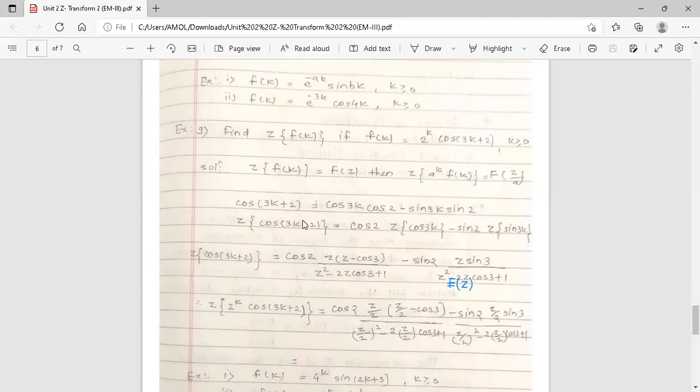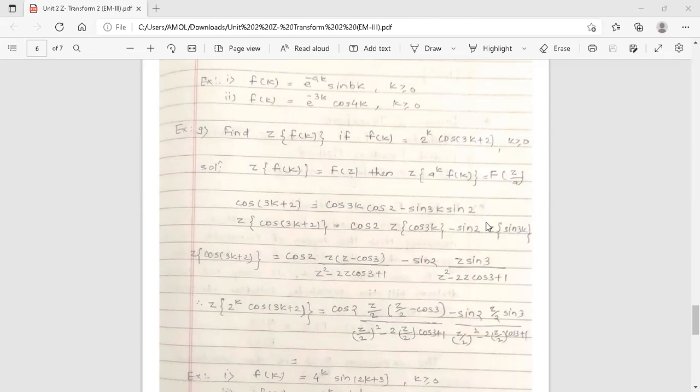The transform of cos of 3k plus 2 is equal to cos 2 as it is, because it is constant, times the Z transform of cos 3k. Use the formula of the Z transform of a standard sequence: z into bracket z minus cos 3 upon z squared minus 2z cos 3 plus 1, minus sin 2 as it is, times the Z transform of sin 3k.